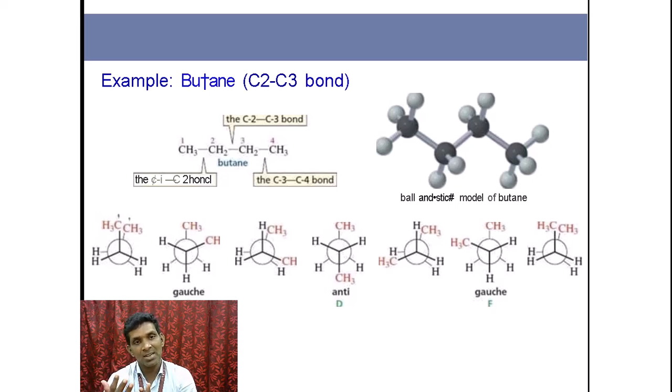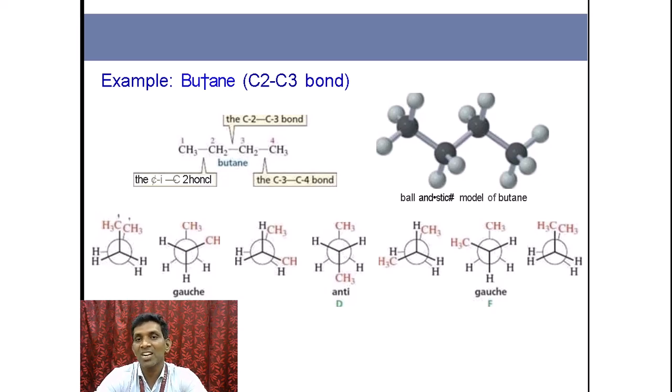In another structure, after rotating 60 degrees, it will give both the CH3 at an angle of 60 degrees. That is called the gauche conformation. If you rotate once again, I will get the partially eclipsed conformer. If you rotate once again 60 degrees, you will get the anti conformer. And once again rotating, I will get the partially eclipsed, gauche, and the fully eclipsed.